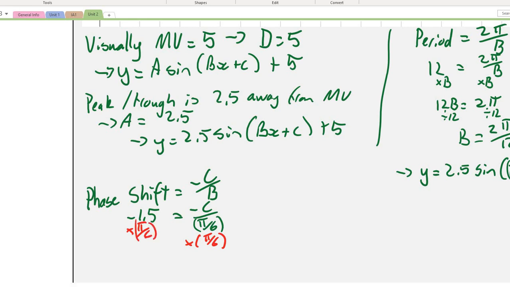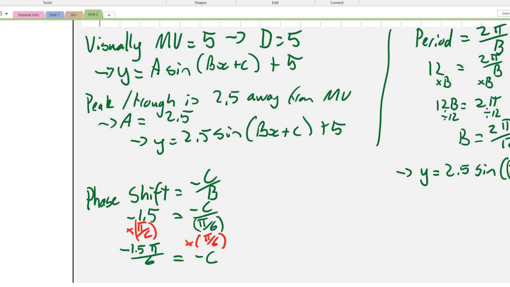And that will give us negative 1.5 pi over 6 equals negative C. Can you see that we have a negative equaling a negative? So we can pretty much just cancel out the negatives.